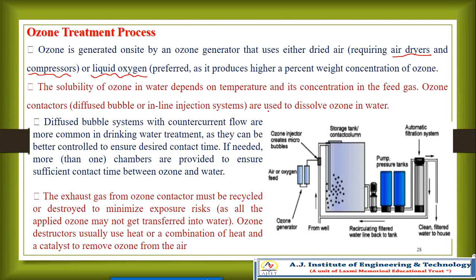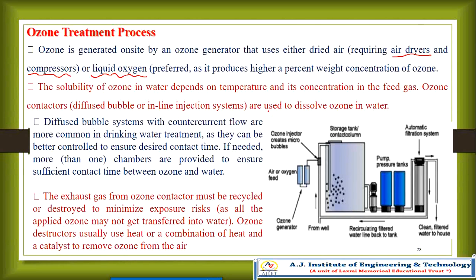The solubility of ozone in water depends on the temperature and its concentration in the feed gas. So, ozone contactors: diffused bubble or inline injection systems.